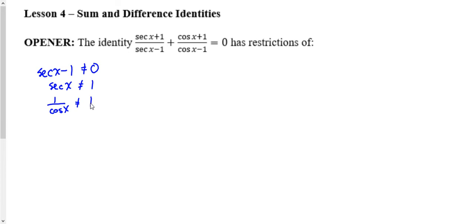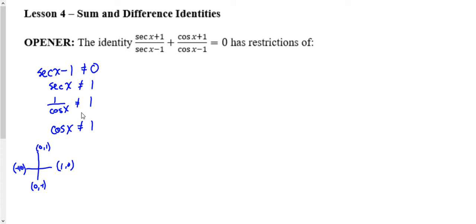From here, you basically want to get cos x by itself, and then evaluate when that actually occurs. So here, I'm just going to do a quick switch. So this is cos x cannot equal 1. So again, I'm going to take a look at my grid. I have 1, 0, 0, 1, negative 1, 0, and 0, negative 1.